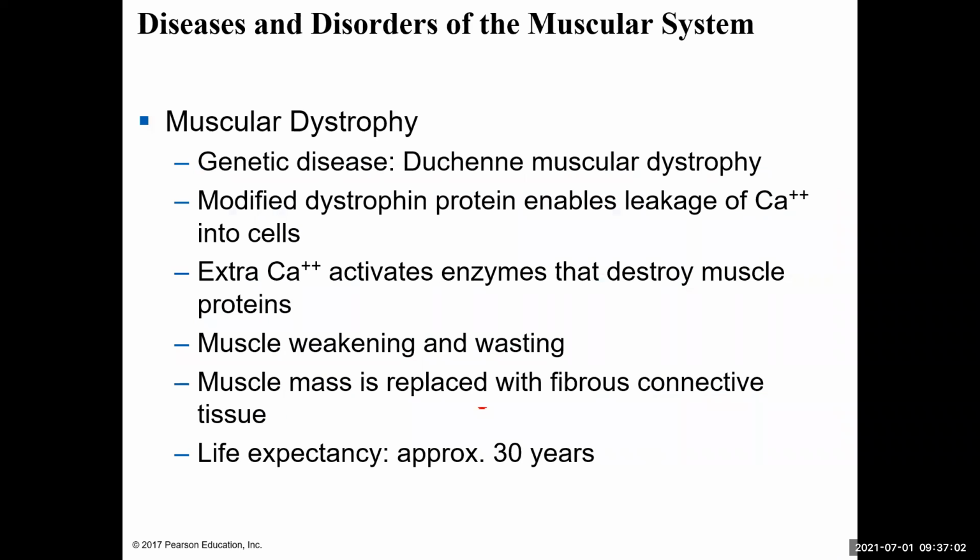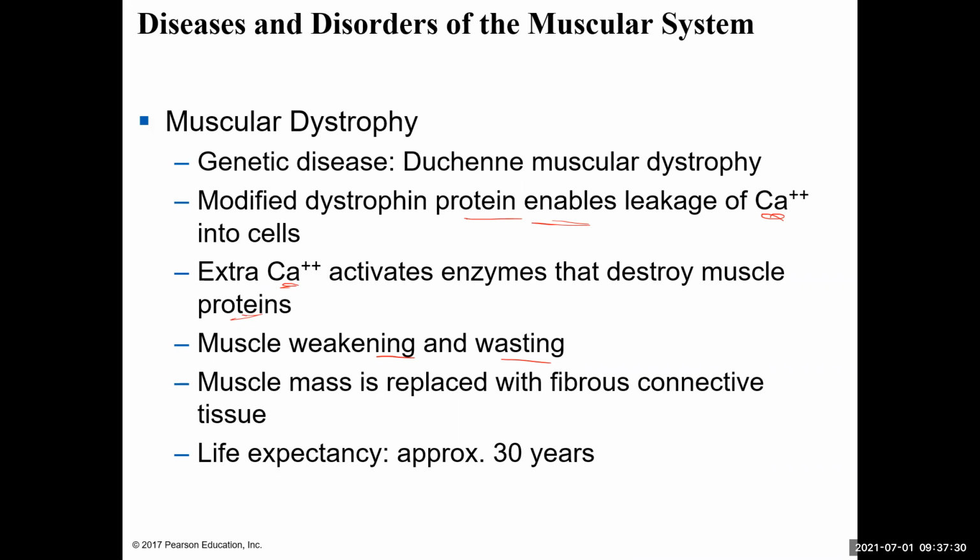Now, just to briefly mention some diseases and disorders of the muscular system. First is muscular dystrophy, which is a genetic-based disease. This is basically where you have a protein that is modified that allows calcium to continually leak into the cells. That extra calcium destroys muscle proteins, which leads to a weakening and wasting away of the muscles.